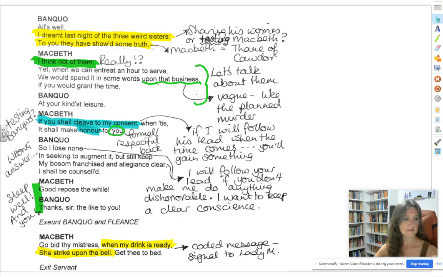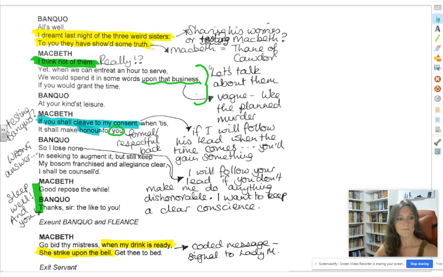"If you shall cleave to my consent, when 'tis, it shall make honour for you." Basically what this means is, if you will follow my lead when the time comes, there'll be something in it for you. You're going to gain something by it. It shall make honour for you.